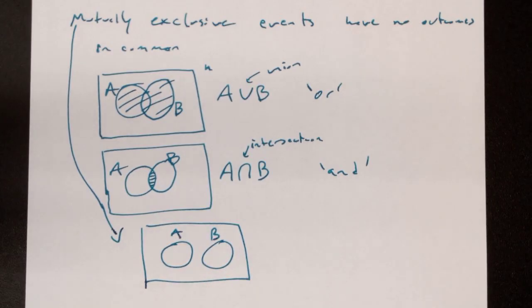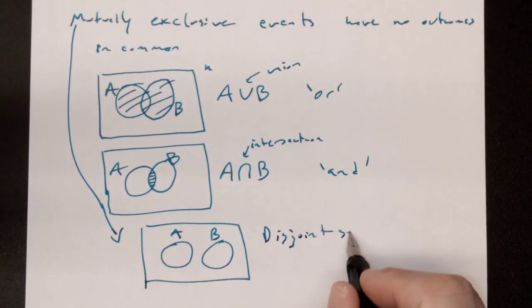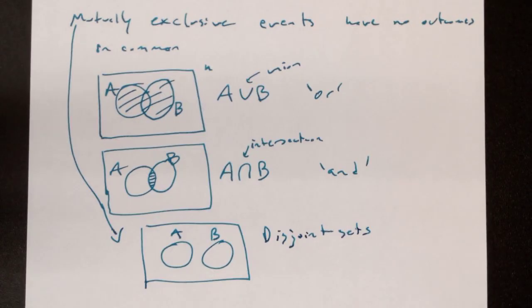In set terms, we call these disjoint sets. But the other way to think of it is to say that their intersection has nothing in it. A intersect B is empty.